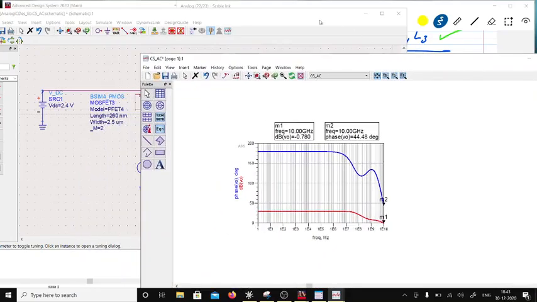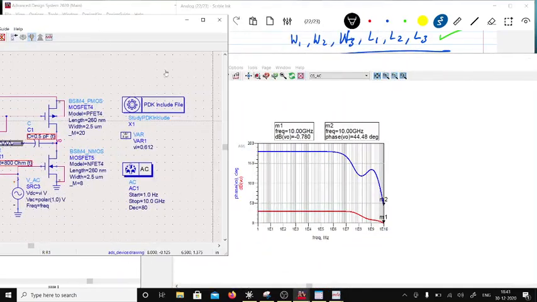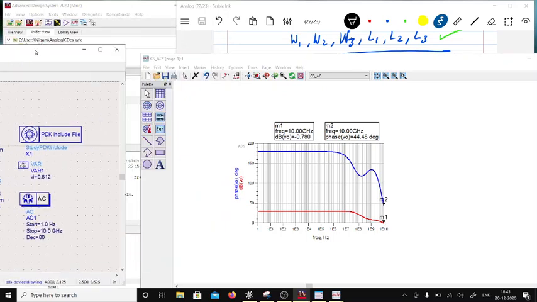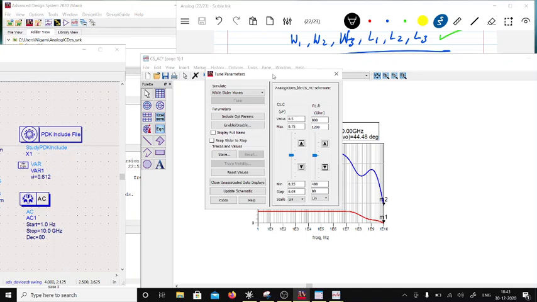So you see what happened over here? I am talking about tuning these. Where is my tuner? Here's my tuner.